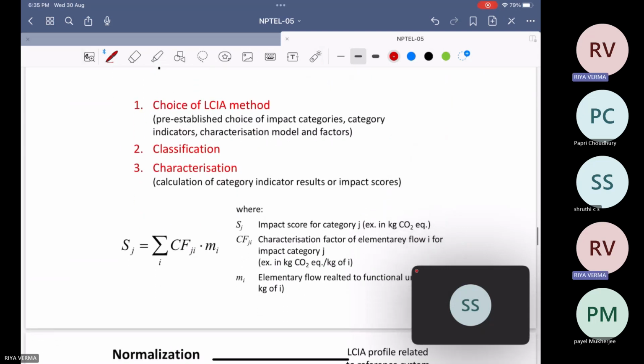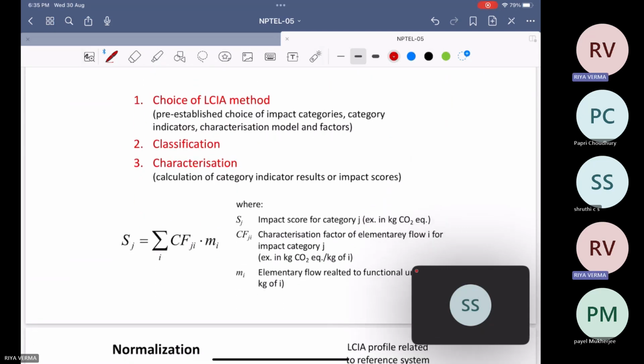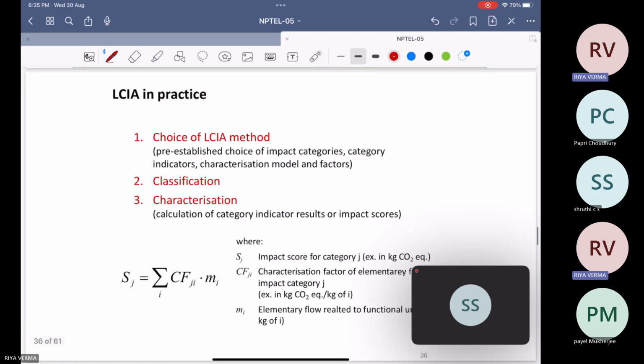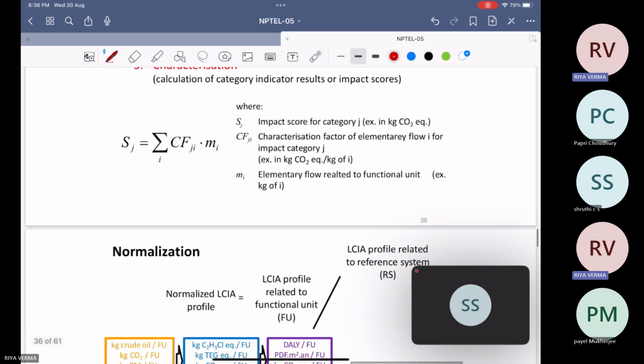Now, coming towards the life cycle impact assessment, the choice of the LCIA method. Based on your impact categories, we have some pre-established choices for the LCIA methods. We also have certain category indicators and characterization models and factors which we can use for choosing the LCIA methods. After that, we need to classify the methods. Then characterization is there.